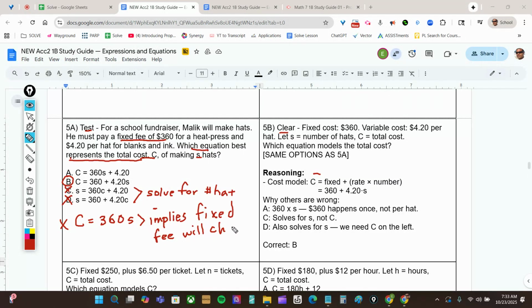And if it changes, that means it's not fixed. So that can't be right. All right, so the answer is B, and I got that here. Answer B. So that's just common sense for that one, and reading correctly.